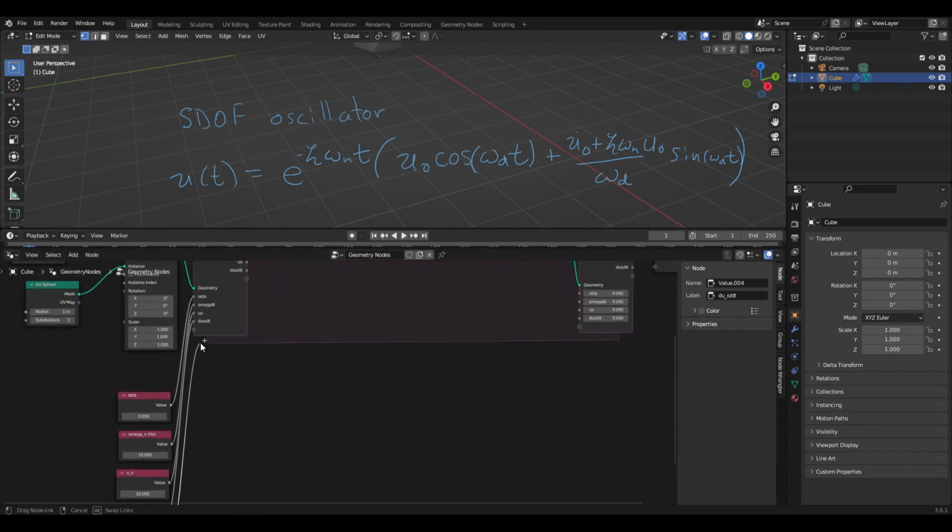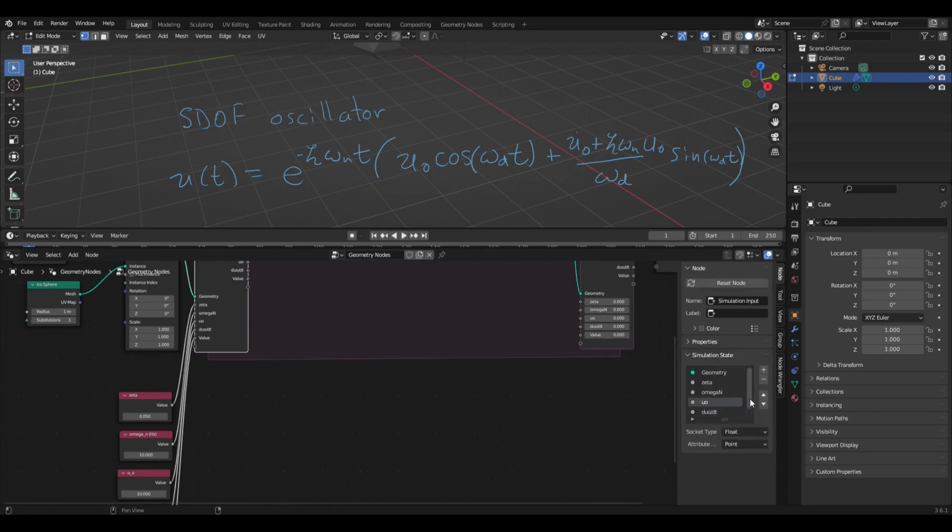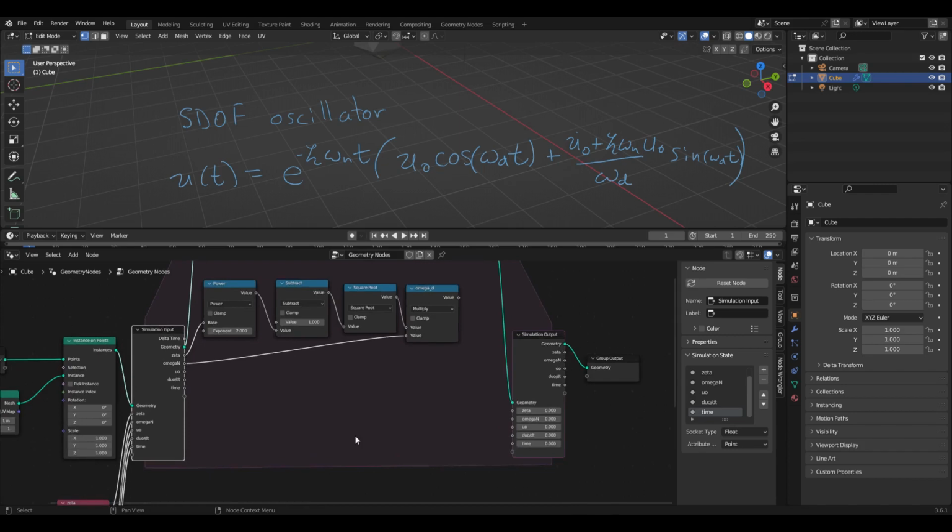And I want a time to go into this, so I'm going to have this be time, and I'm going to set it to 0, and that's going to go into the simulation as well.